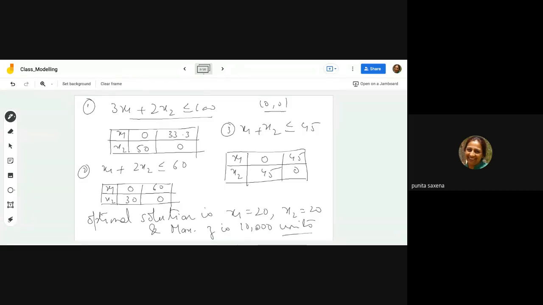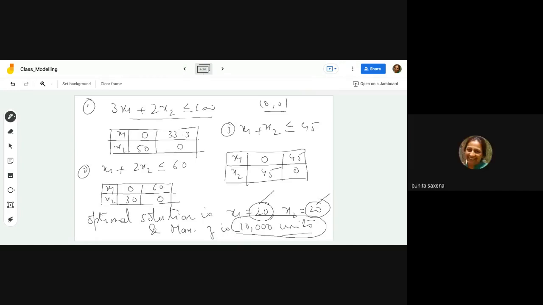And x1, x2 were the acres of land where wheat and corn were to be grown. So basically on 20 acres we must grow wheat, and on 20 acres we must grow corn. And the maximum profit that he can earn is 10,000 units, not beyond that. Is this clear?